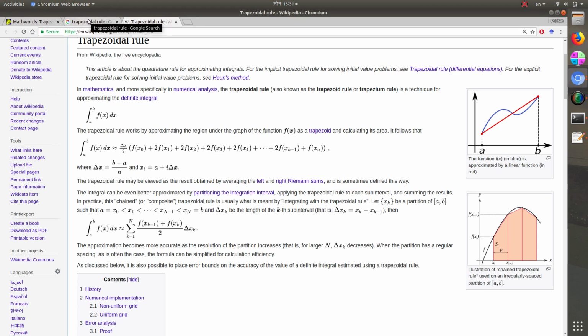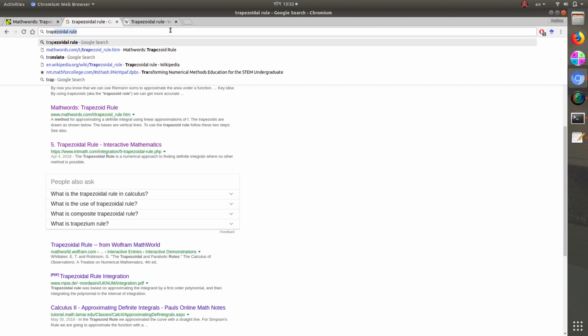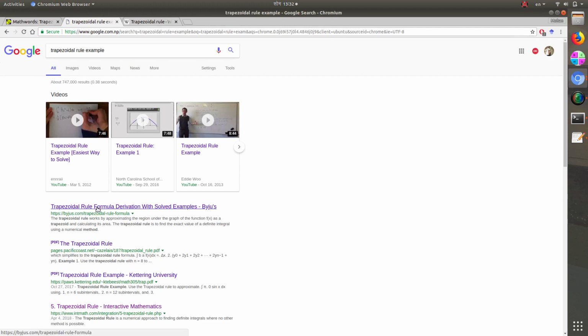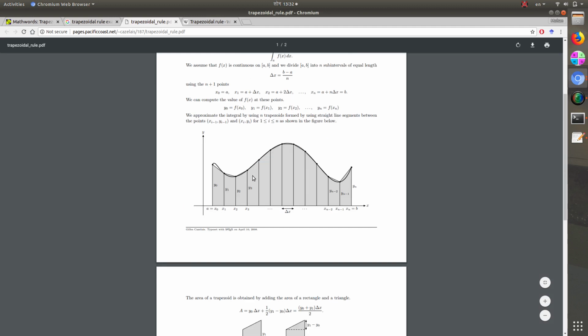Let me find some examples from where I can simply do integration. Solve example, maybe, yes, that should be within this PDF.